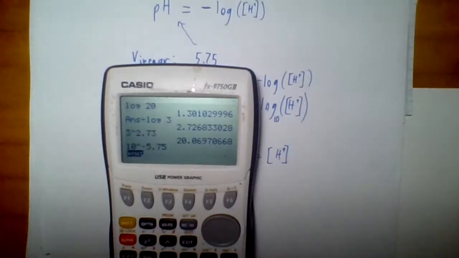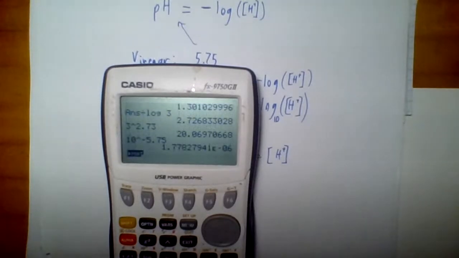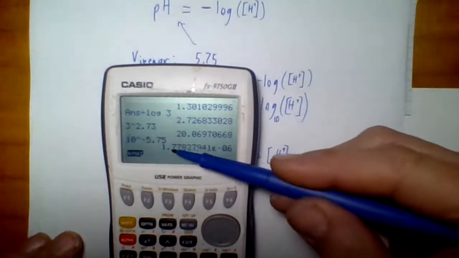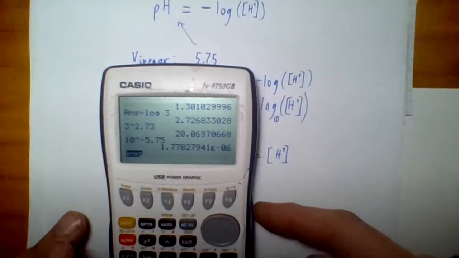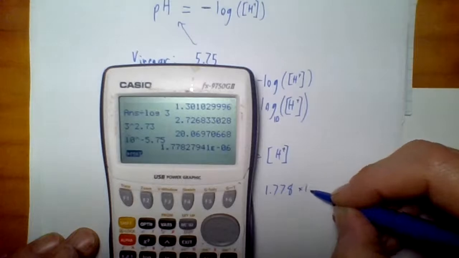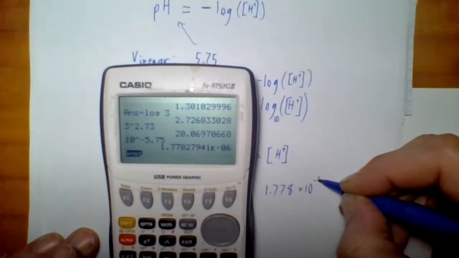I can do that with the regular exponent button here. And the value is coming out in scientific notation there, that e to the minus 6. This is so small, it's written in scientific notation. It's basically 1.778 times 10 to the minus 6.